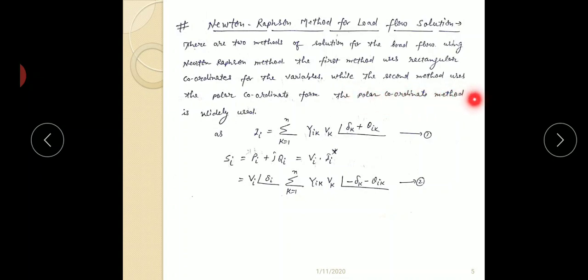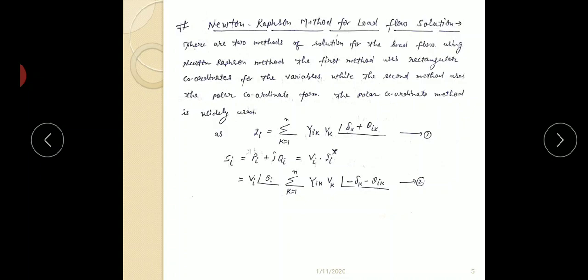The polar coordinate method is widely used. So start with the equation for Ii. Ii is equal to the summation of k equal to 1 to n, Yik Vk angle delta k plus theta ik. This is from the SLFE, static load flow equations, right?